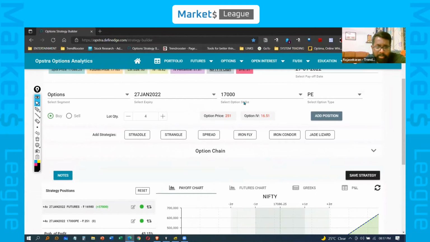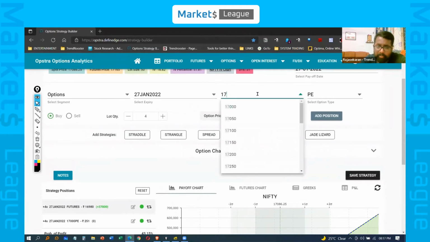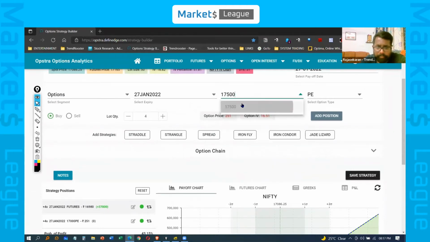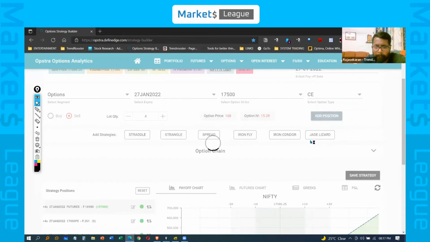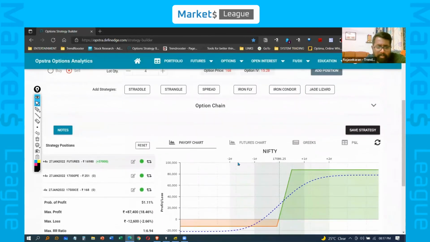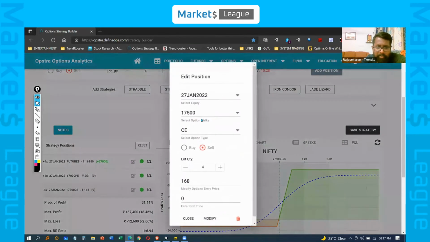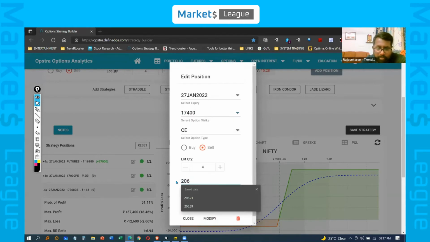So I'm going to sell maybe 17,500, selling 4 options, 4 quantity. Sell maybe 17,400, at 206.